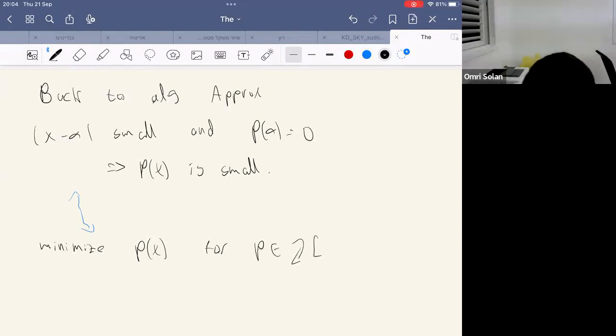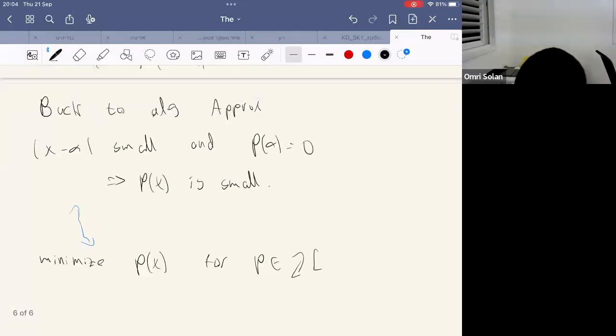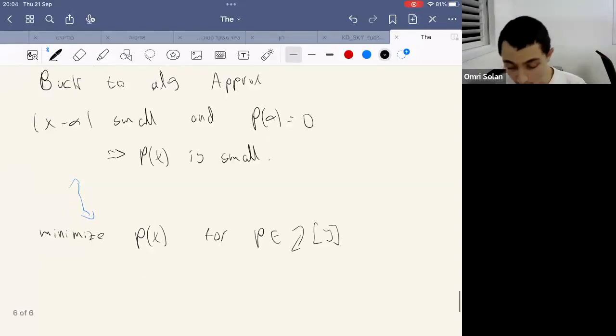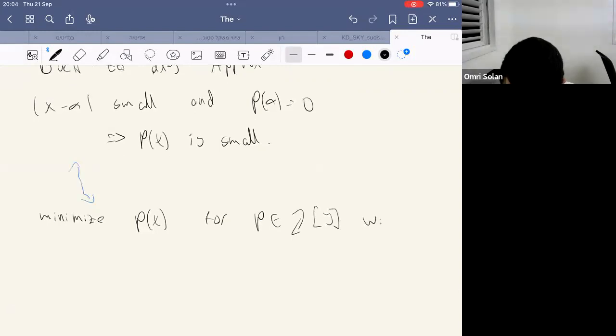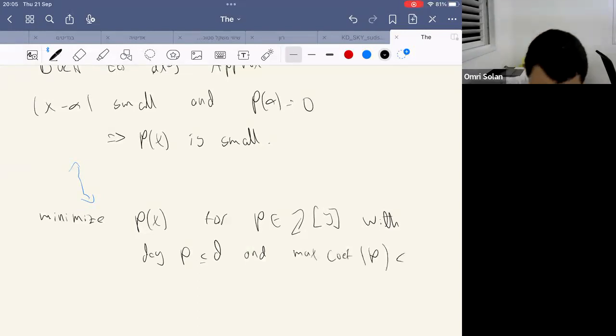Oh no, my variable is x, it cannot be alpha. Y is fine. For p inside Z[y] with degree of p less or equal than d, and max coefficient of p less than n.